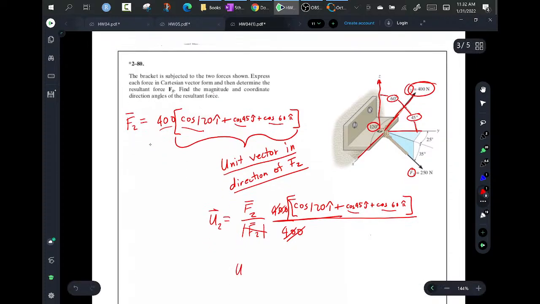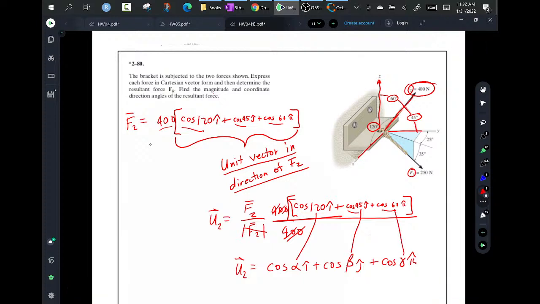Now, so you're saying the unit vector is in fact cosine of alpha i plus cosine of beta j plus cosine gamma k, going back to kind of a symbolic form, where alpha was the 120, beta was 45 and gamma was 60. So in fact, these are intimately related. Having all three of these angles tells you you can find that unit vector almost instantly.